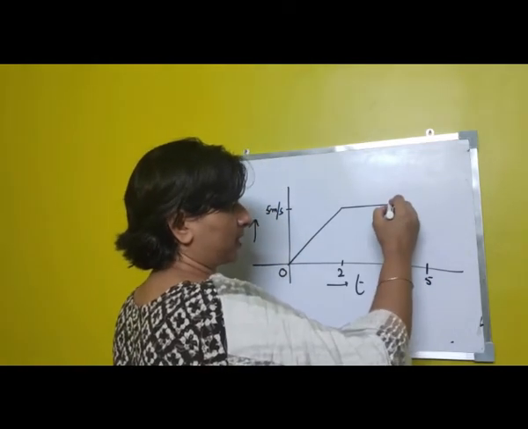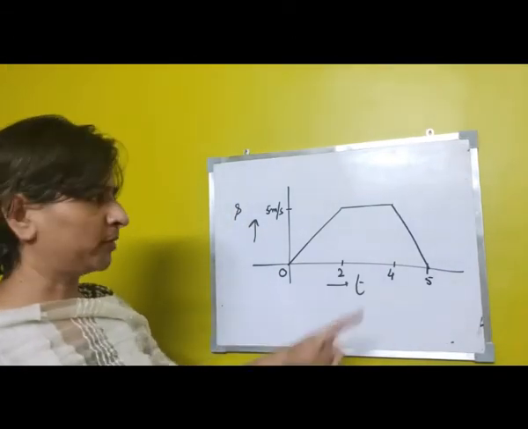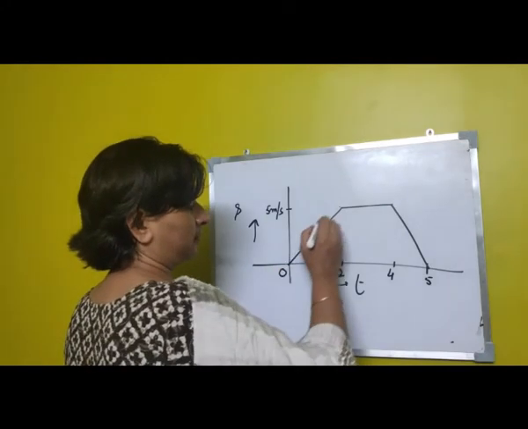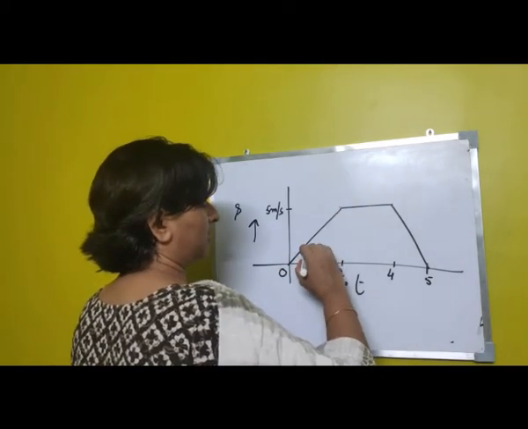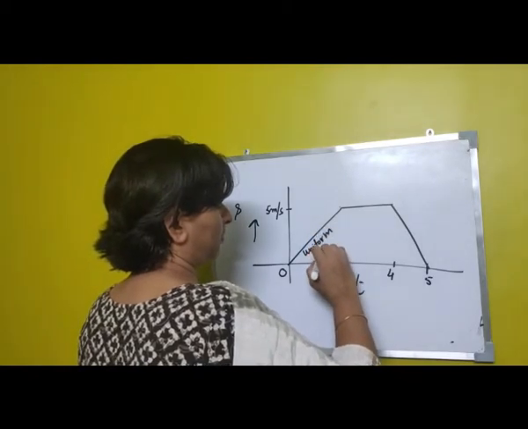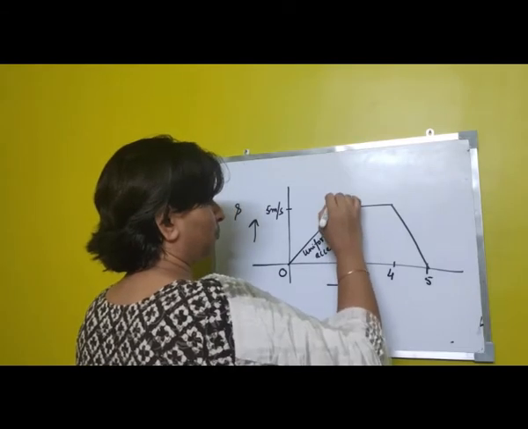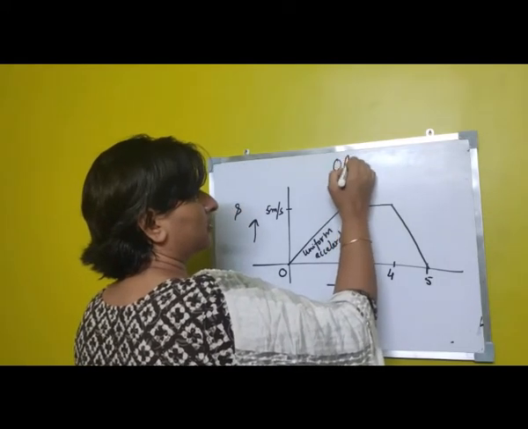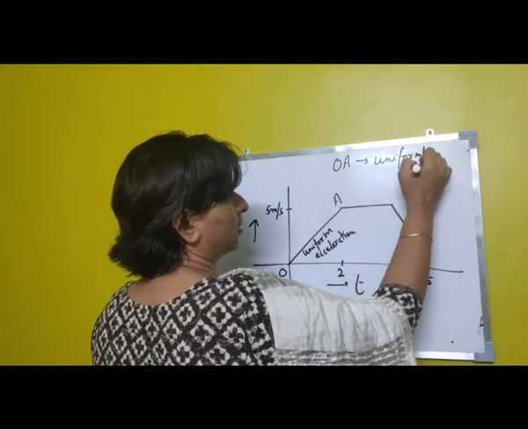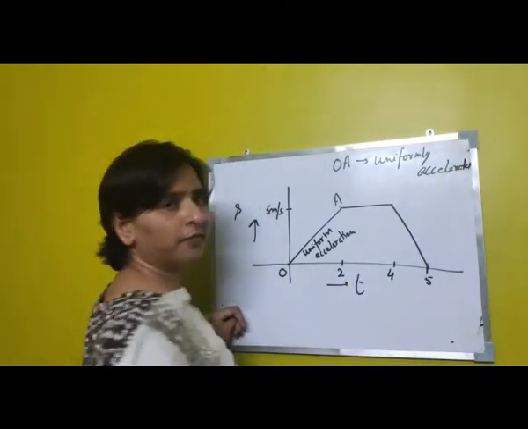at the end of the 5th second, the object was again at rest. So you can say this part is the case when the object has uniform acceleration. So OA is the case when the object was uniformly accelerated. Fine.